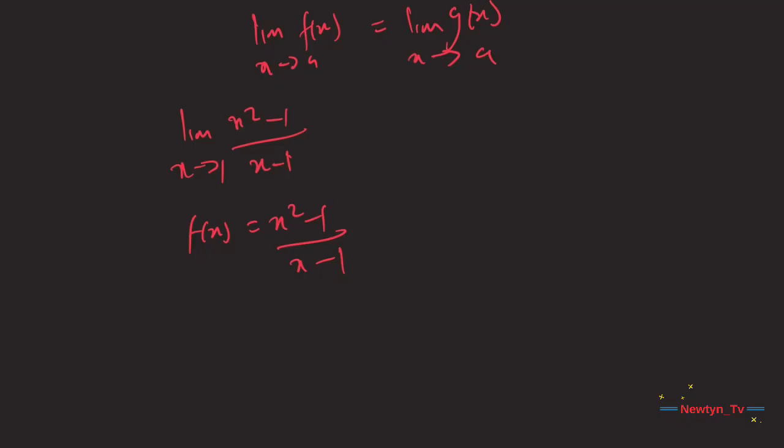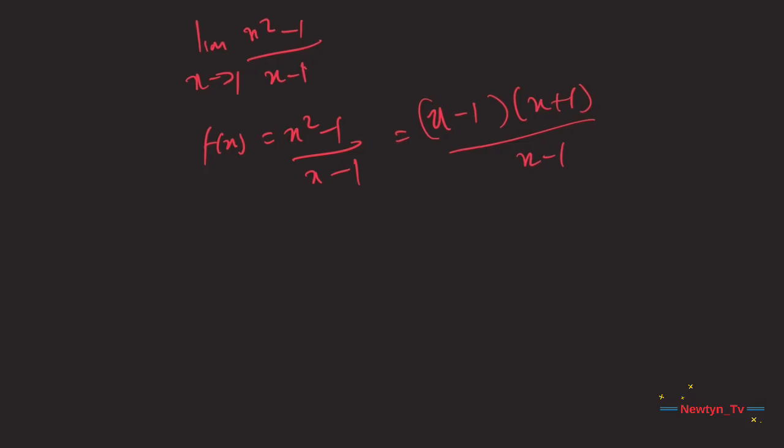We can simplify this to x minus 1 times x plus 1 over x minus 1. And the function g of x, let's say g of x is equal to x plus 1, are identical for all values of x not equal to 1.